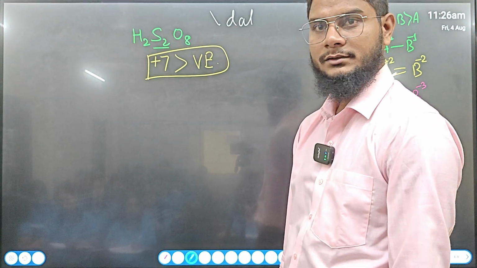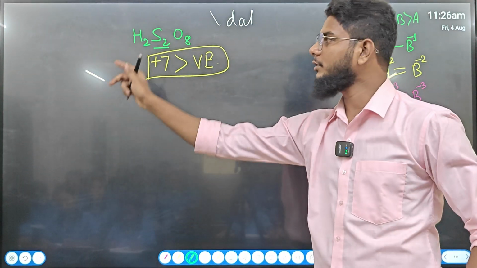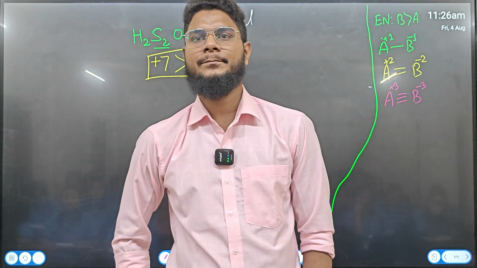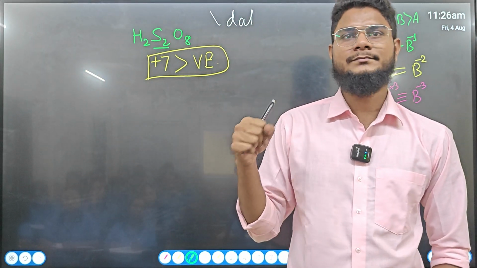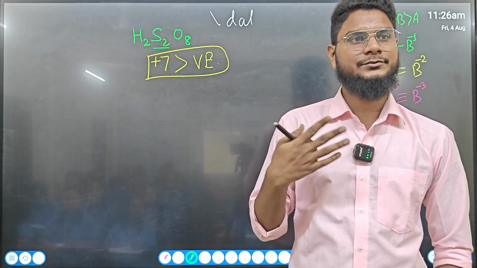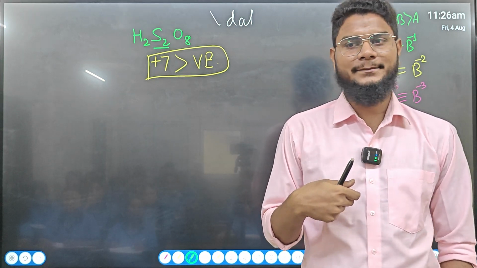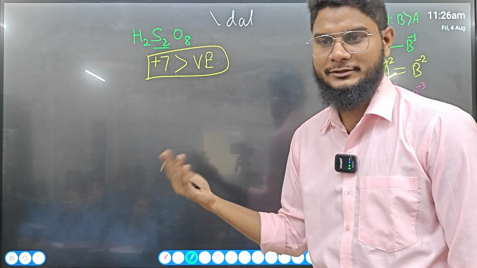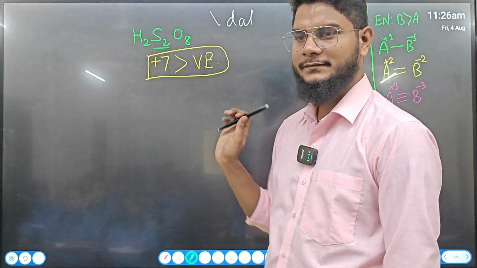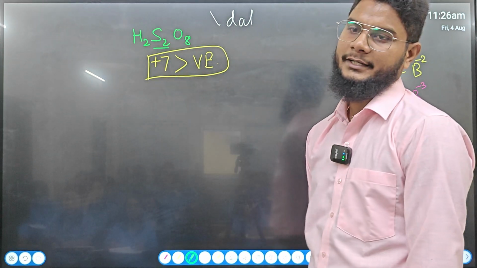So draw the structure. It's very simple. You guys know how many bonds hydrogen forms? Single bond. Oxygen, double bond. Sulfur, 6 bonds. It has the capacity of forming 2 bonds, 4 bonds, 6 bonds, but the maximum capacity is 6, and it is the central atom here.